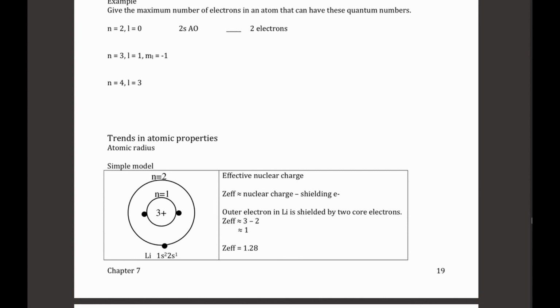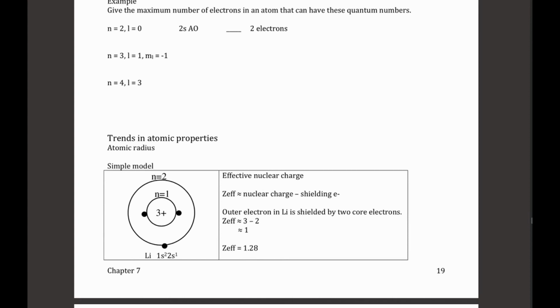Z effective, remember Z is the symbol for the atomic number, the number of protons. Z effective is the nuclear charge, so the number of protons, minus the shielding electrons' contribution, and it's approximately equal to the number of shielding electrons.